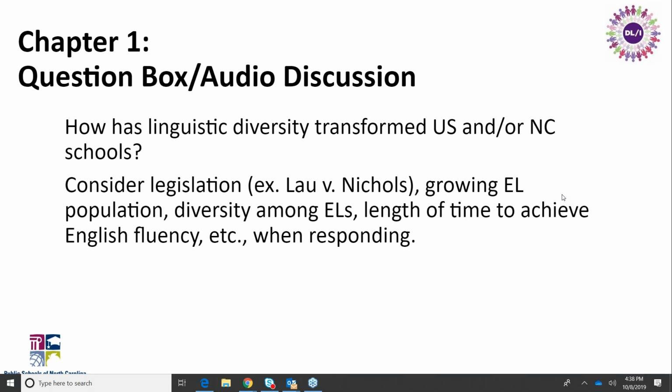If you go by the theory, the numbers, the data, all of that put together, I believe there are a lot of factors that will absolutely help a student acquire a language within a period of 7 to 8 years of being in U.S. schools. So I absolutely feel that this diversity has transformed our country and the state.